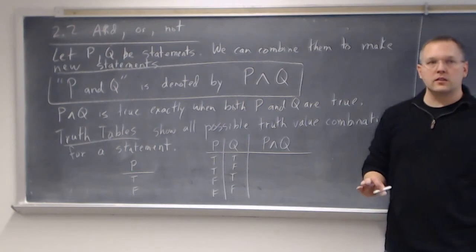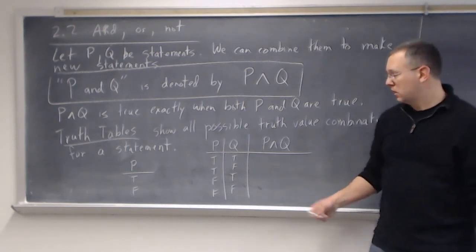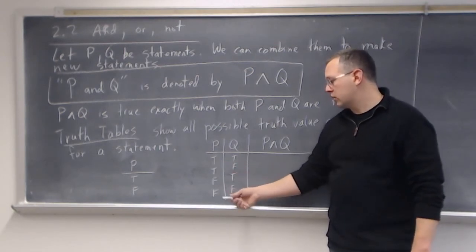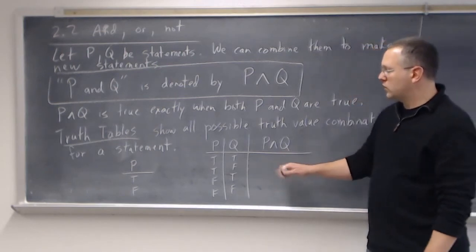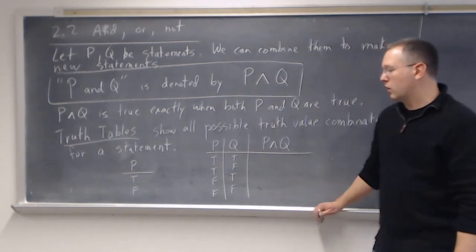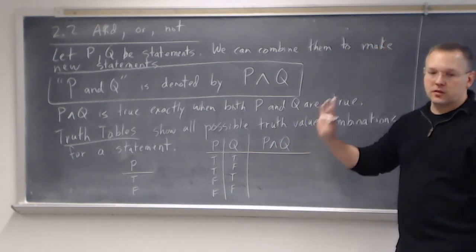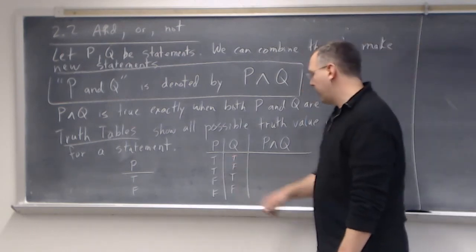By organizing your truth table this way, you'll get all four possibilities: whether they're both true, or only P is true, or only Q is true, and whether they're both false. When you have two statements, you need 4 rows, and I'll try to always do it this way. The last book I taught from for discrete was exactly the opposite, so catch me if I go back to that other format.